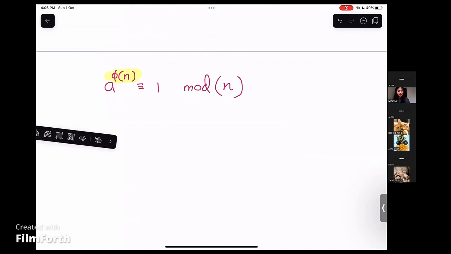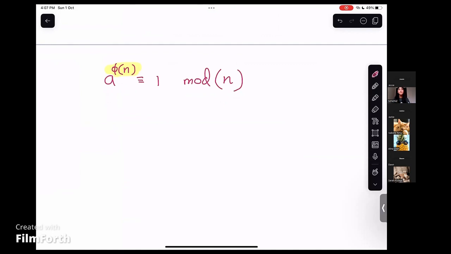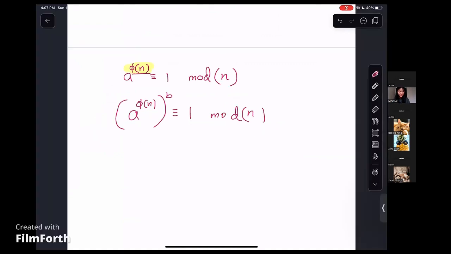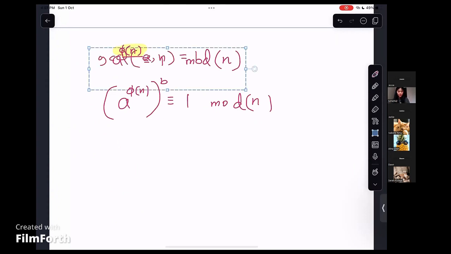And it works in very much the same way as we would consider Fermat's little theorem. It just tells us that whenever it's something like this, we can consider a to the power of phi of n, and it's always congruent to 1 mod n. Yep, so does everyone understand the definition of that? And remember that the GCD of a and n has to be 1 as well, or else they can't be coprime, right?